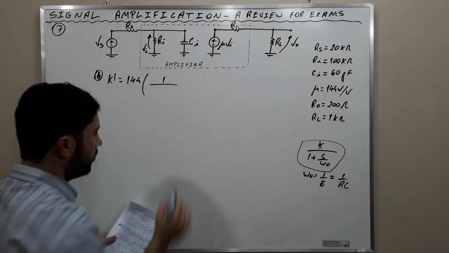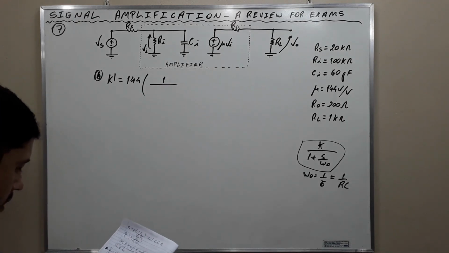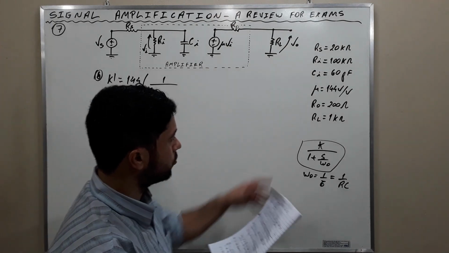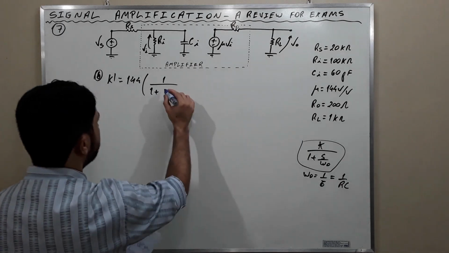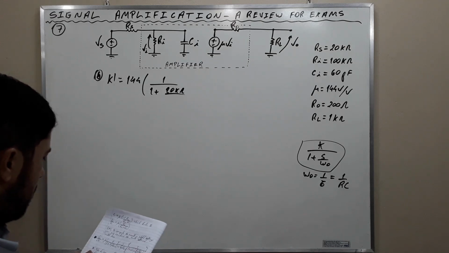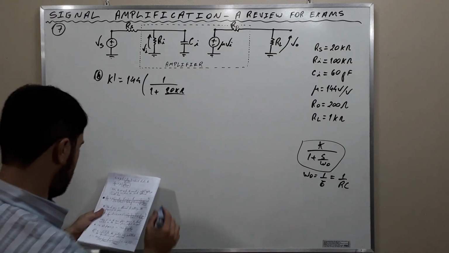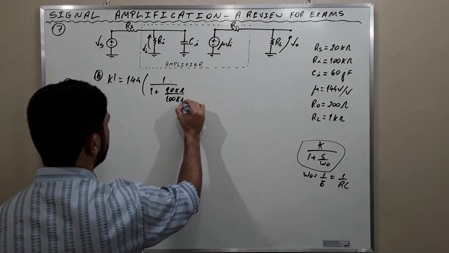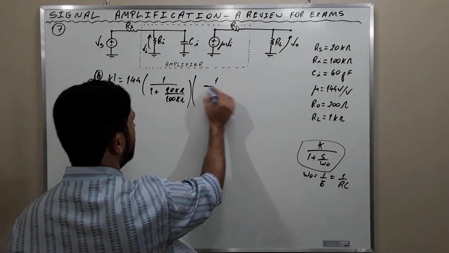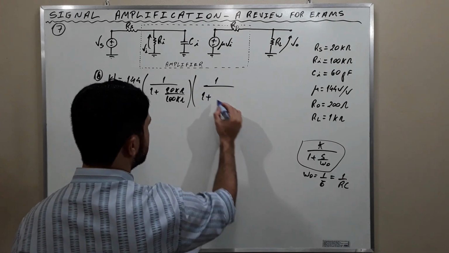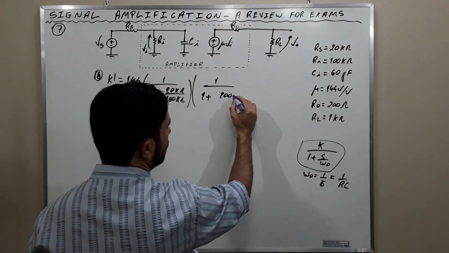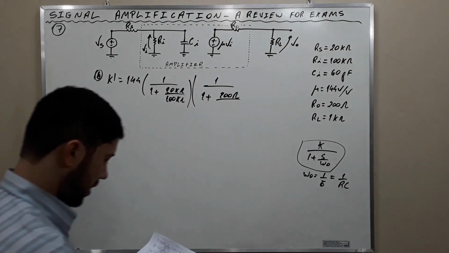Okay, 1 over 1 plus RS. RS was given as 20 kilo ohms divided by RI, RI 100 kilo ohms. And the same here, 1 over 1 plus RO. RO is 200 ohms divided by RL.